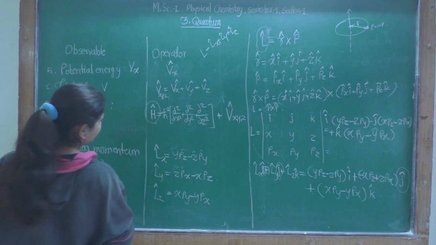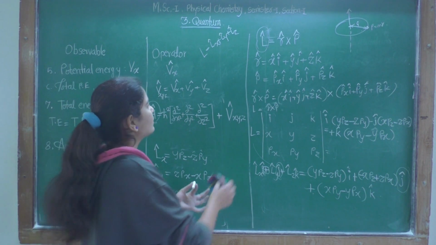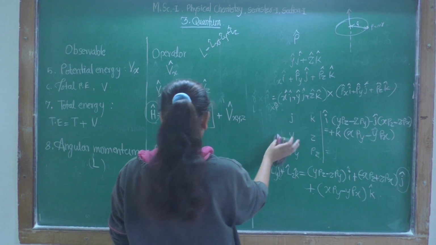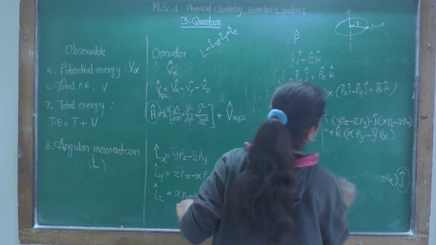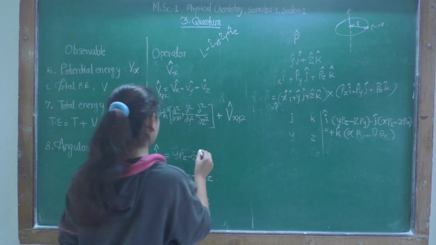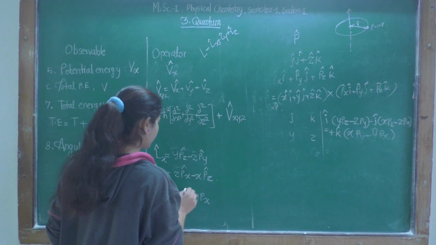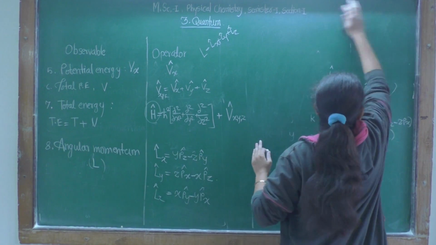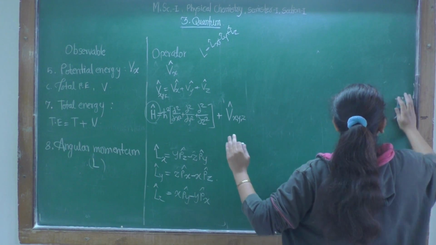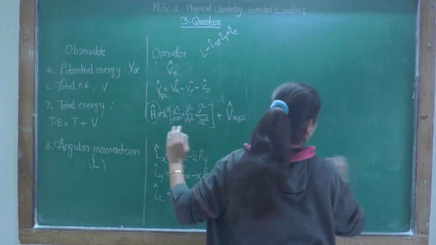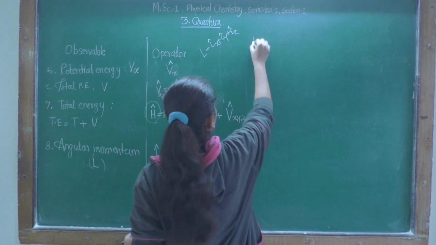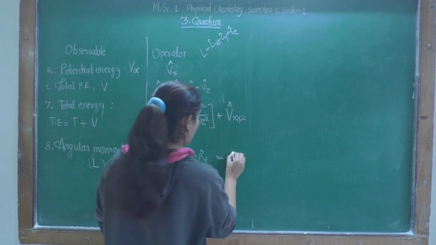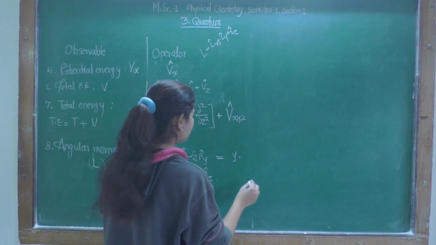Now what will be the total linear momentum? Again, let's simplify that. We know the values of operators px, py and pz, right? Hence we can write y into pz. What is pz?